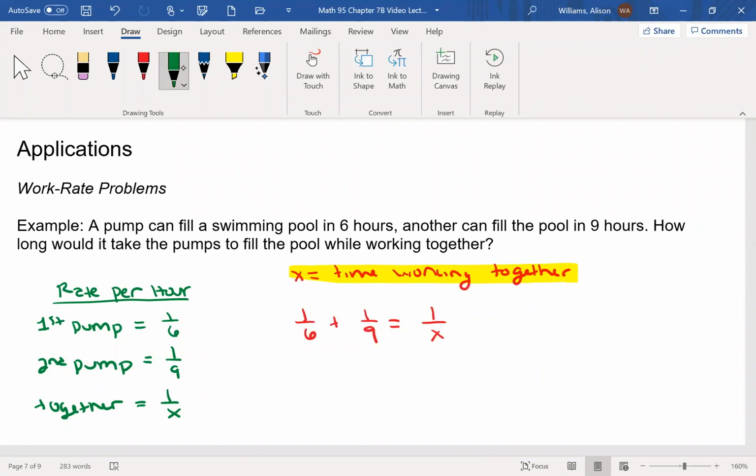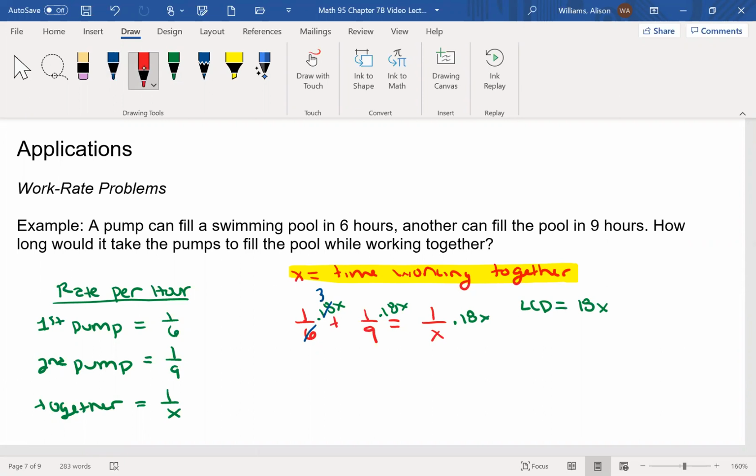But to solve this equation, we're going to need to clear the fractions with an LCD. So let's do that. For this, 6 and 9 have 18 in common, and then we also have an x. So I'm going to multiply everything by 18x. So I'm left with, on the first fraction, 6 is going to go into 18 3 times.